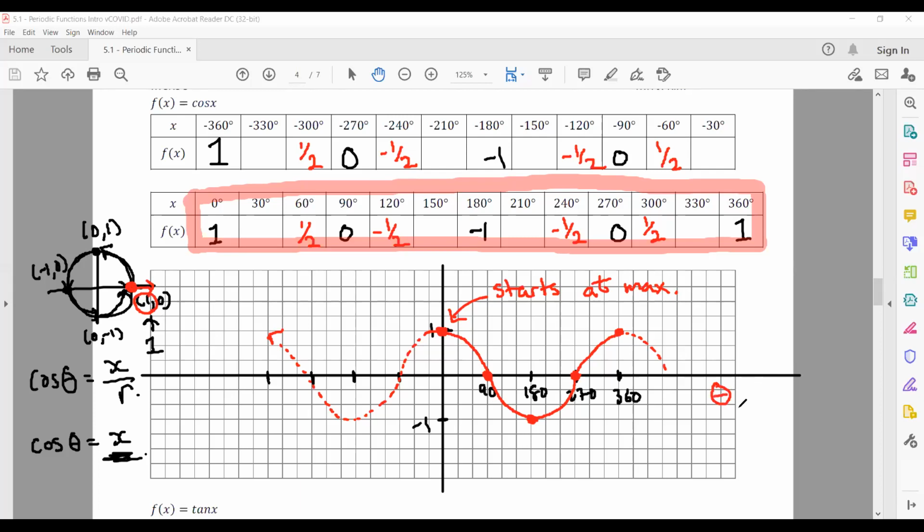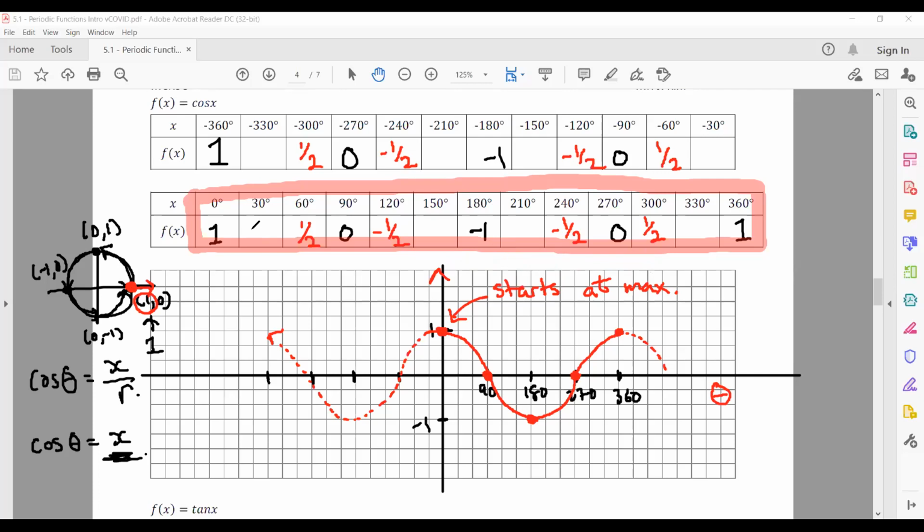The x-axis here is the angle that I rotate, and the y value here is essentially the value of the x coordinate in the circle. So that's how it's programmed. Sine function is looking into the y value of my circle, so it starts at the center or the mid-axis. The cosine function always begins at a maximum and continues a sinusoidal wave.